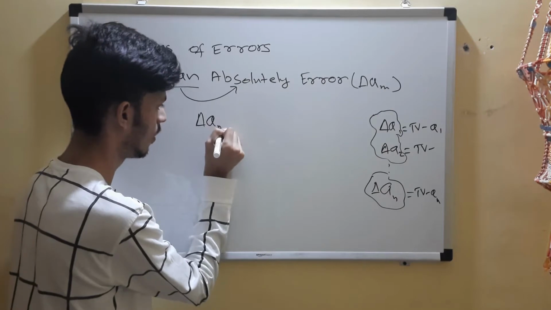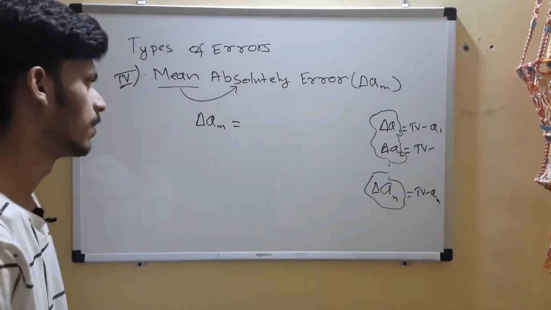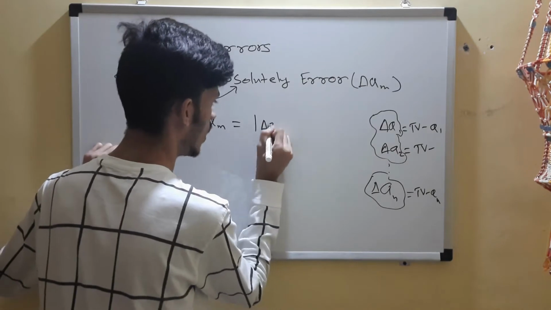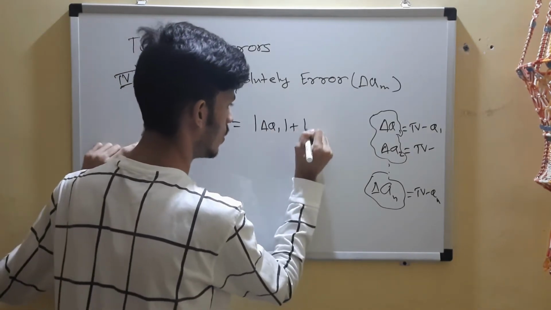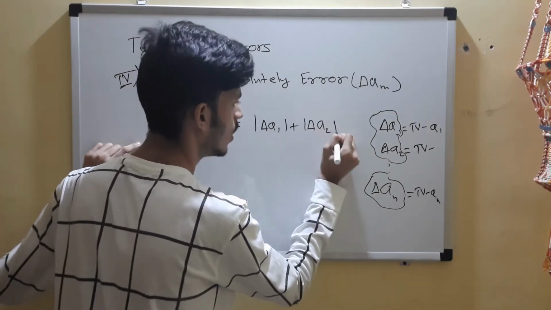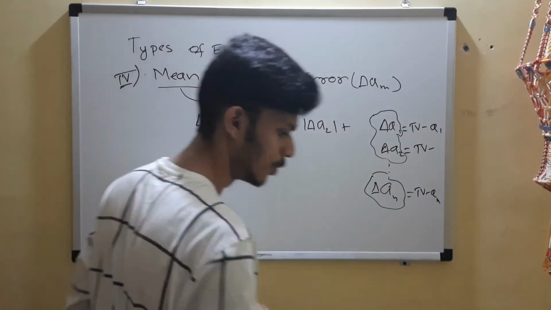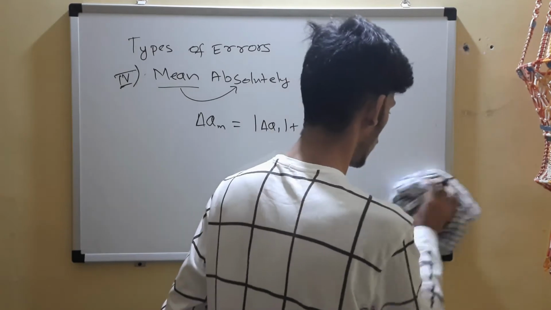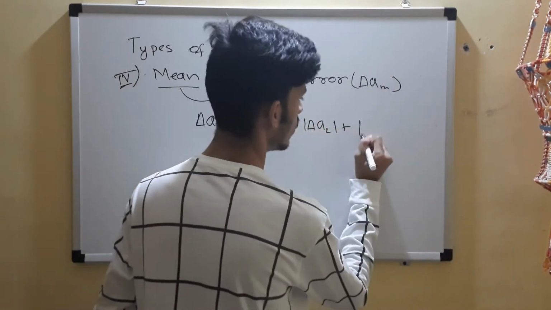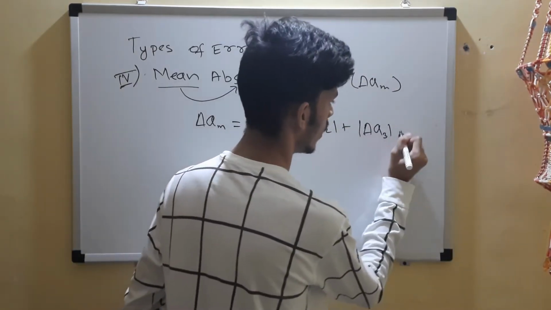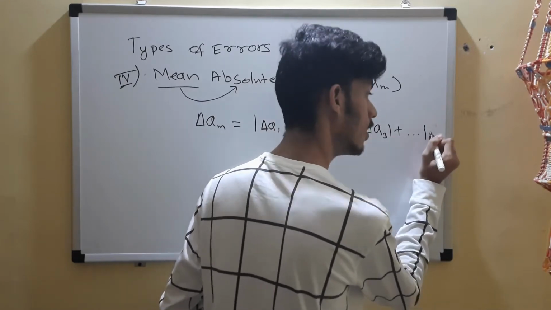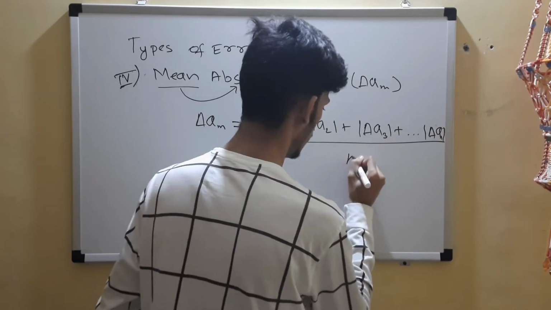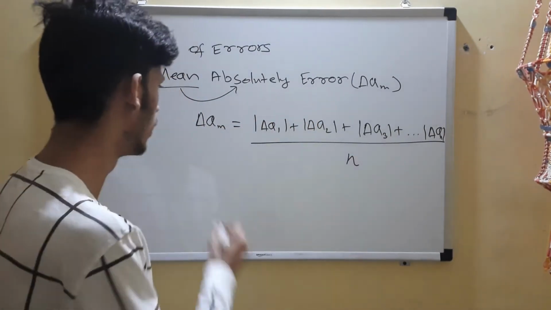So delta A mean is: you take the modulus of the first absolute error, second absolute error, third absolute error, and go on till delta An, divided by n. So this is what mean looks like, right?